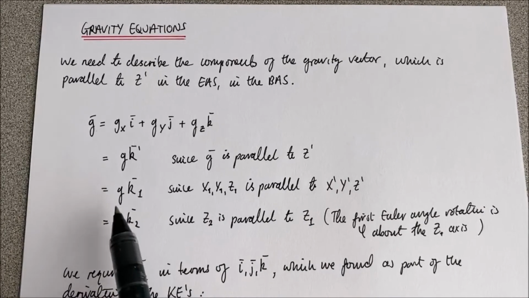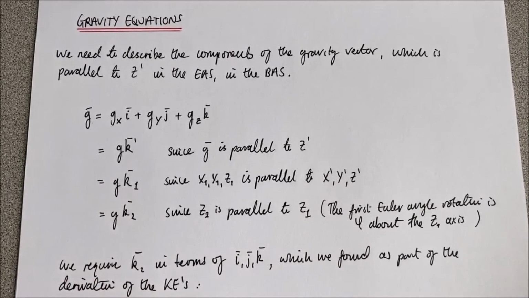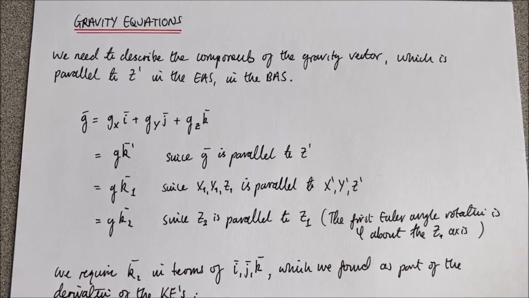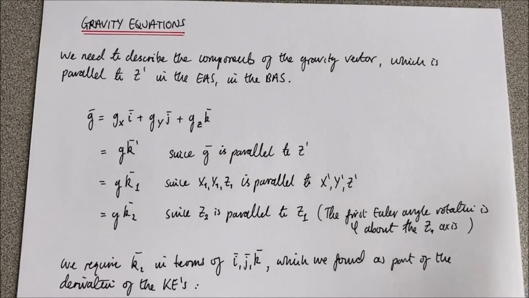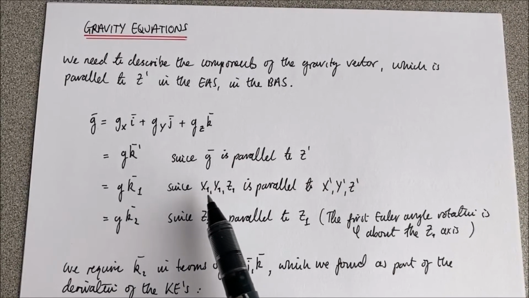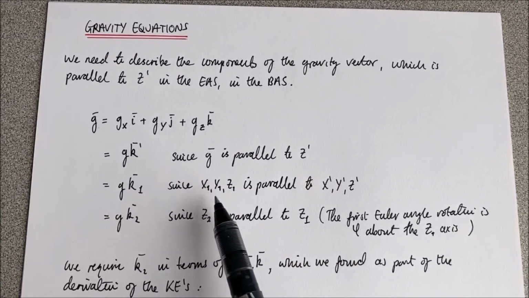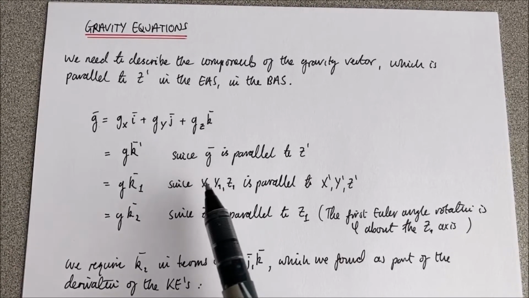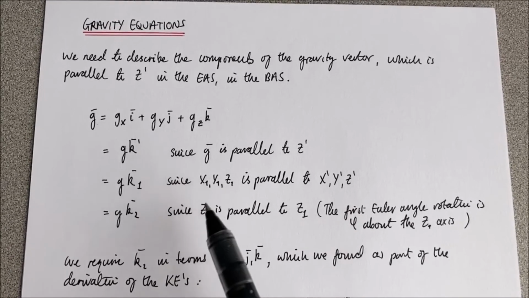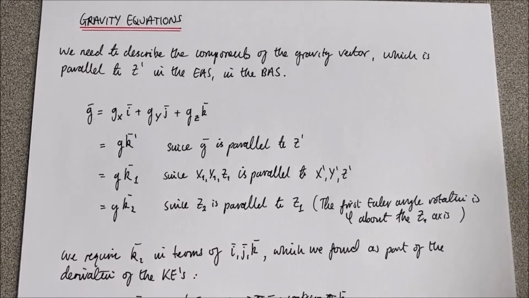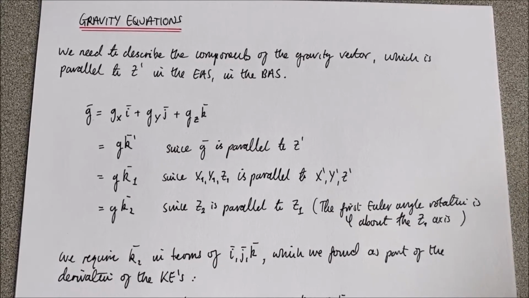So that's just kind of chasing around the unit vectors in those different coordinate systems. So the Earth axis system is parallel to the subscript 1 axis system because we defined it like that, and the subscript 1 axis system is parallel to the subscript 2, or at least in the z direction, because of the rotation just about the z-axis.